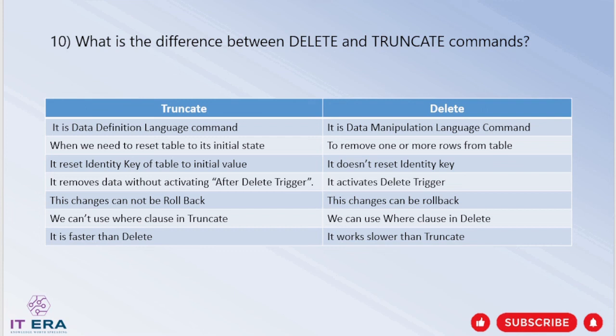Truncate resets the identity key of the table to its initial state. Delete command doesn't reset identity key. Also, truncate removes data without activating the after delete trigger. But when we use delete command, it activates the delete trigger.